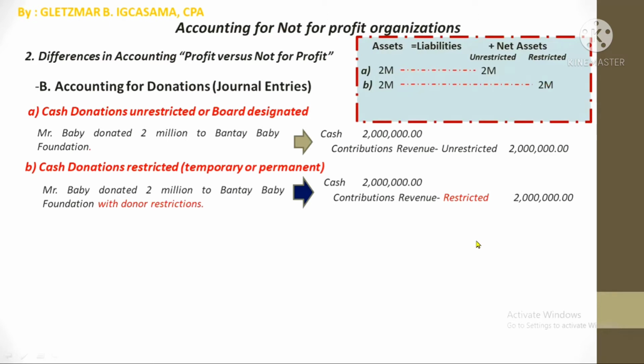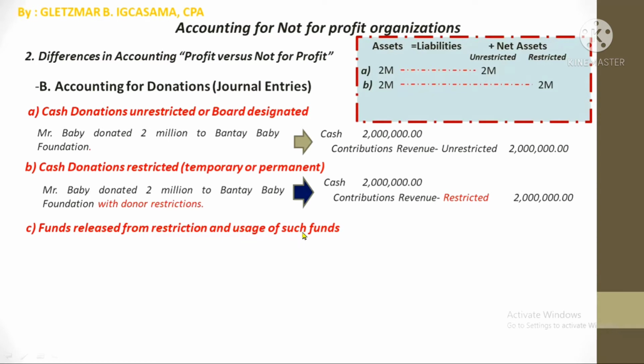And that's it. Next is letter C, which is just assuming that there is a donor who restricted his donation temporarily. If it is temporary, of course, the restriction will expire and the NPO will use the fund. The question is, how will you account for the funds released from restriction?